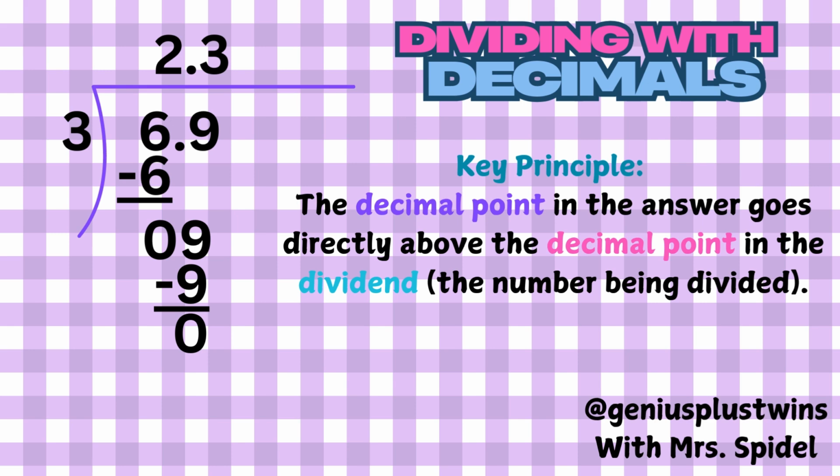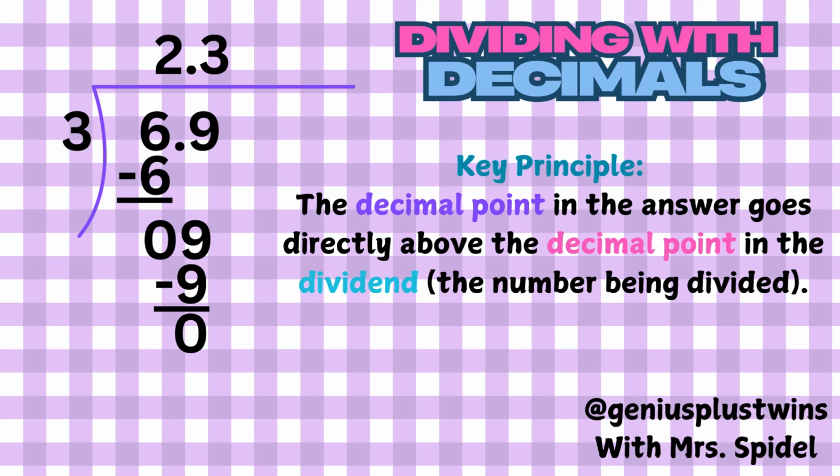6.9 divided by 3. I have to determine how many 3's there are in 6. Well, that's simple. I know that 2 times 3 equals 6. 2 goes on my answer line. I subtract 6 from the 6 in the problem to get 0.